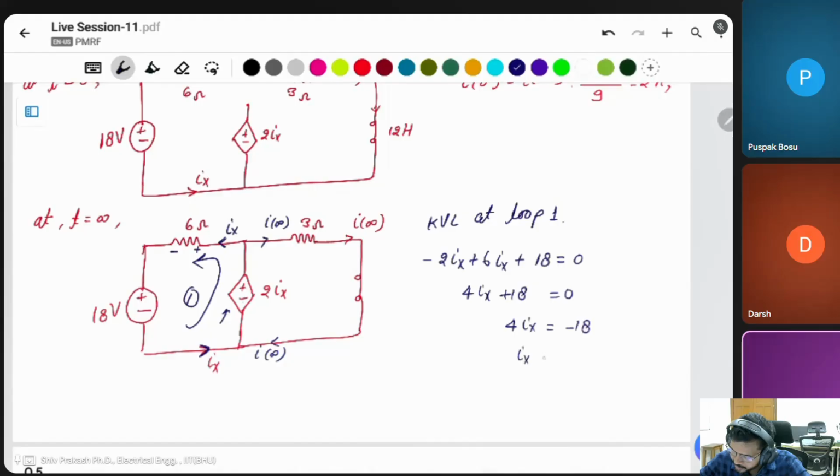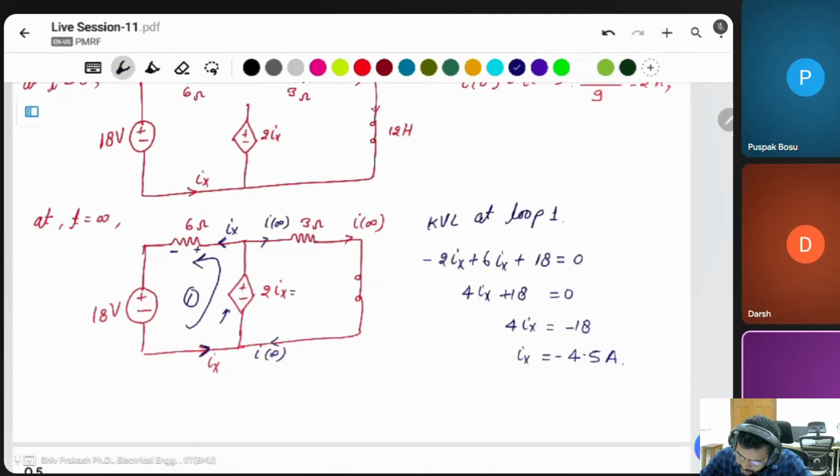Then what is Ix? 18 divided by 4 is 4.5, so it is minus 4.5 ampere. Okay, Ix is there.